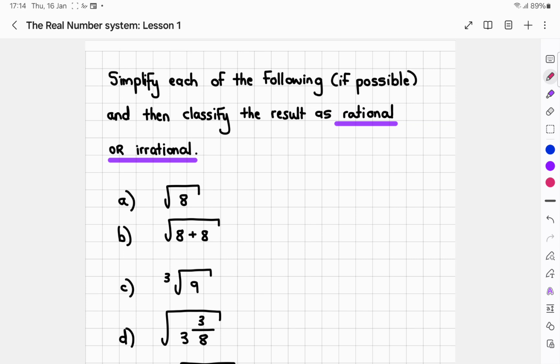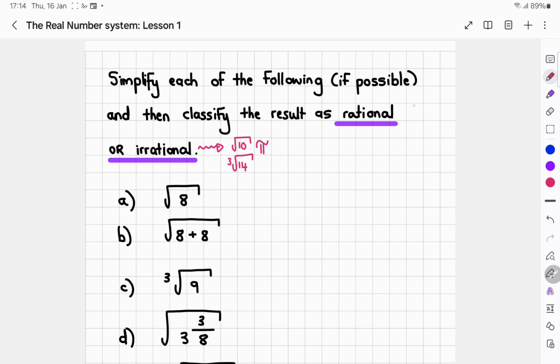Irrational, just remember quickly, is your imperfect squares, like the square root of 10, the imperfect cube, like the cube root of 14. There's lots of them, and anywhere you see pi in your little creation, it will be irrational.